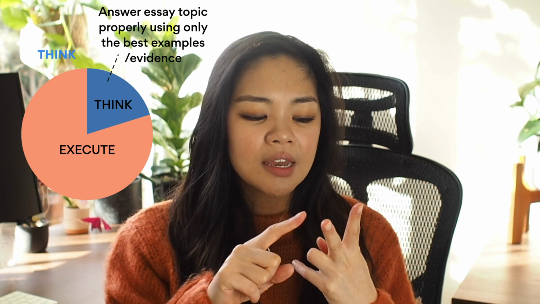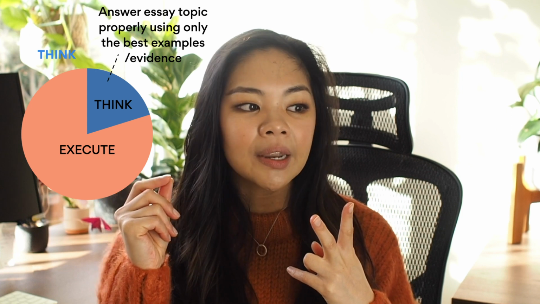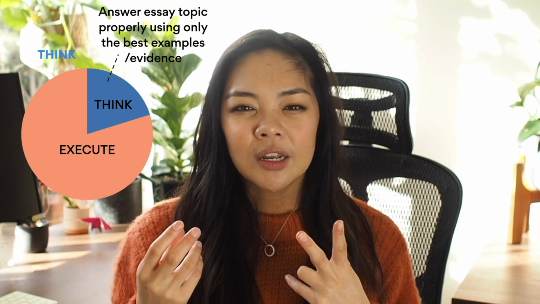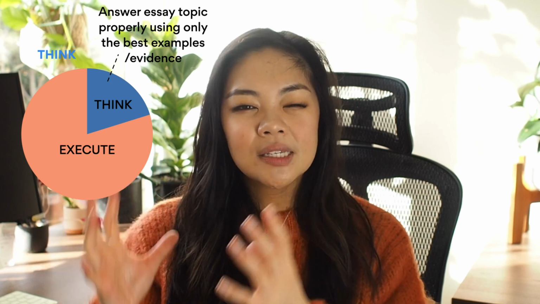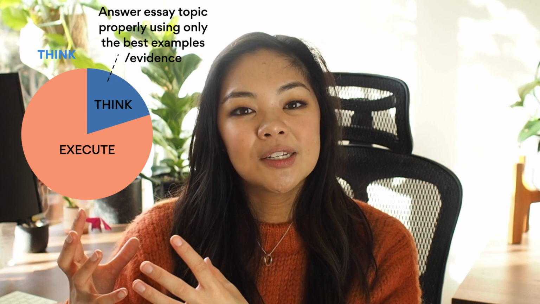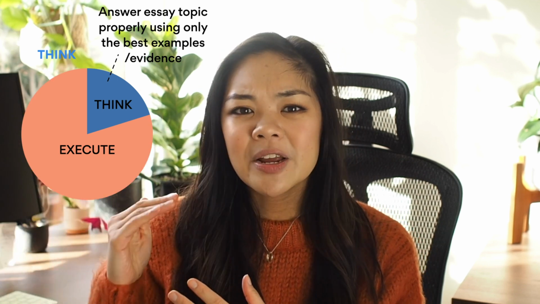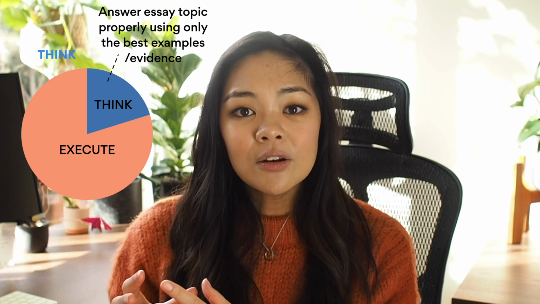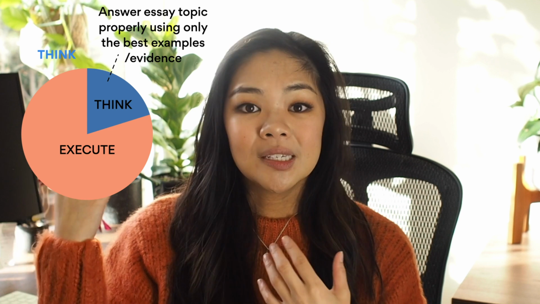So that could be thinking about, these are my automatic examples that come up, but is there a different type of example that I could use that maybe not other students are going to be using? And if you're the second student who takes that time to really think about your essay topic, and I'll show you how you can actually think about it in 3 very clear strategic steps, then you're actually going to set yourself up for success.